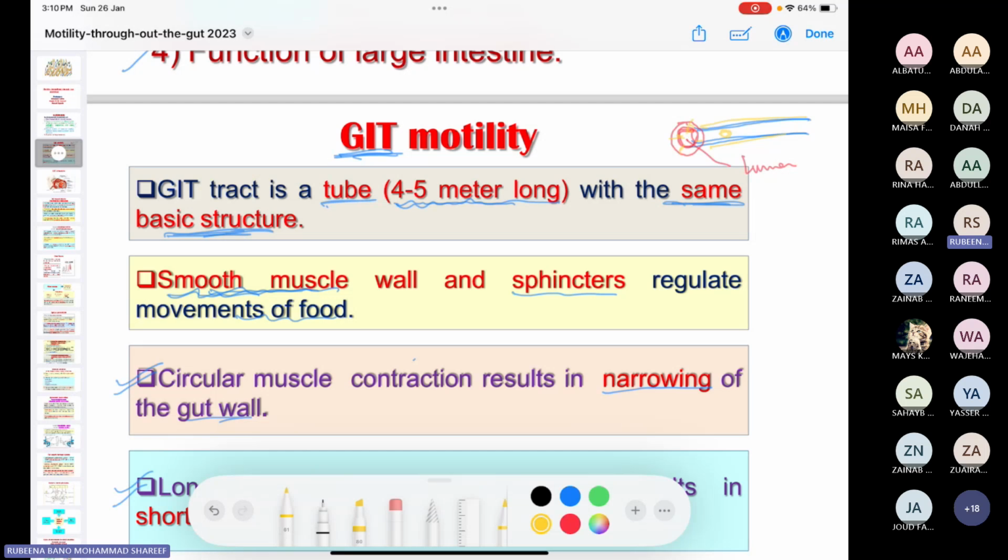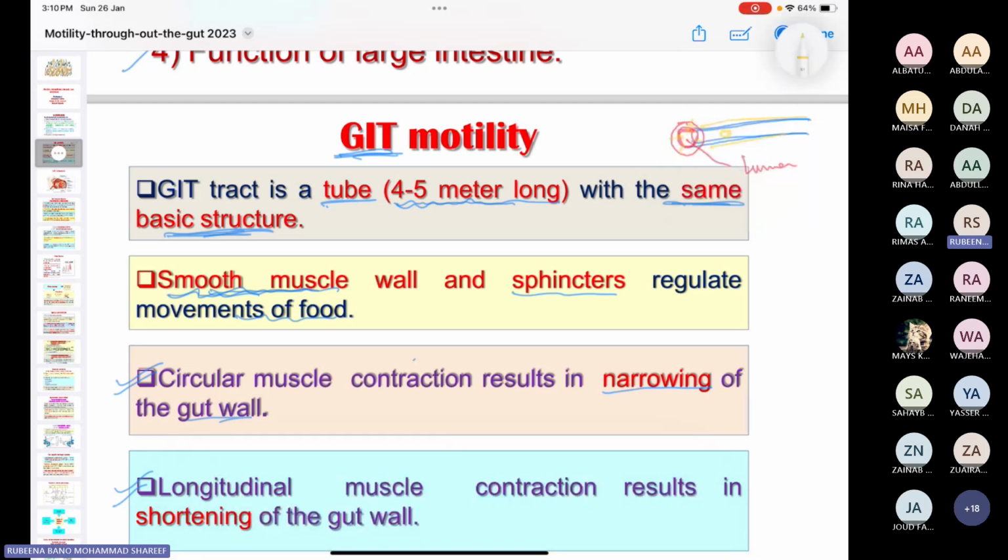And when this longitudinal muscle contracts, what will happen? There will be shortening of the gut wall. This is the longitudinal muscle, right? So when it contracts, suppose from here it contracts, it will shorten the length of the gut wall.